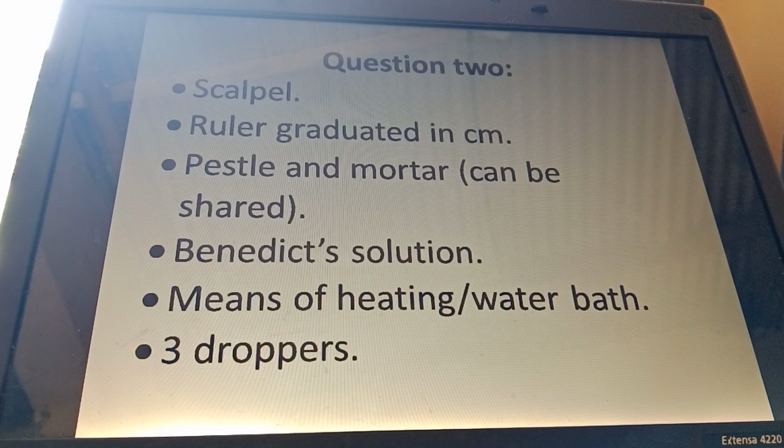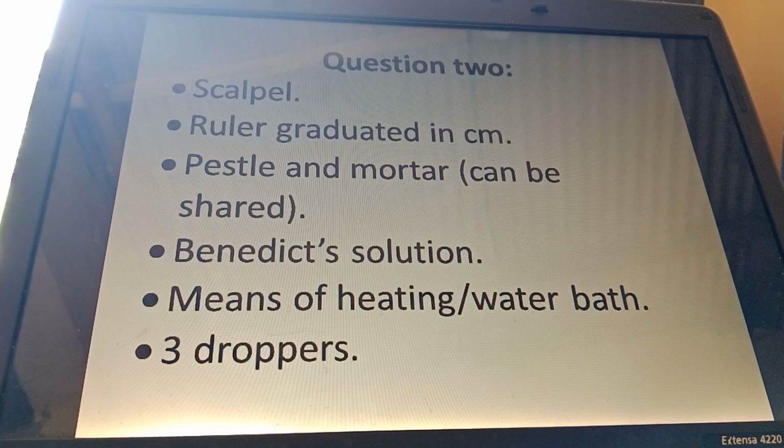Question 2 continues the requirements: scalpel, ruler graduated in centimeters, pestle and mortar which can be shared, Benedict's solution, means of heating or water bath, and 3 droppers. So those were the requirements of question 2.